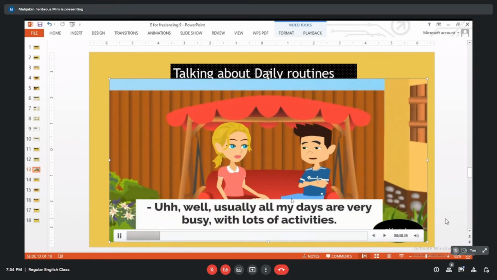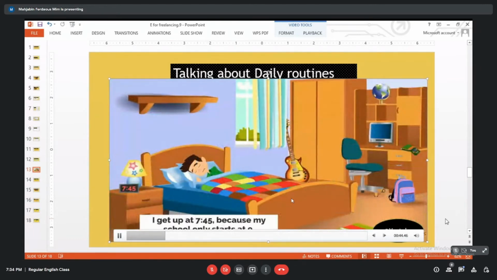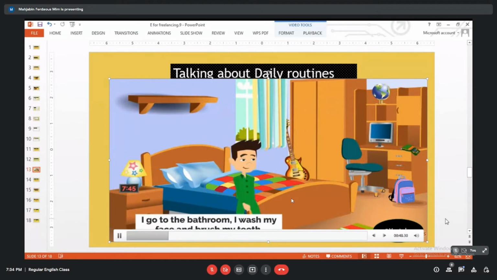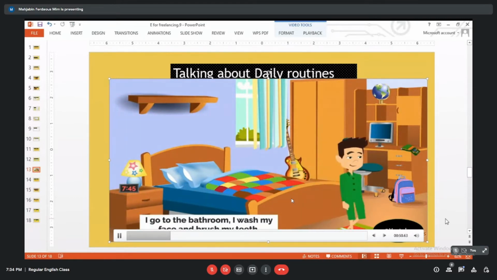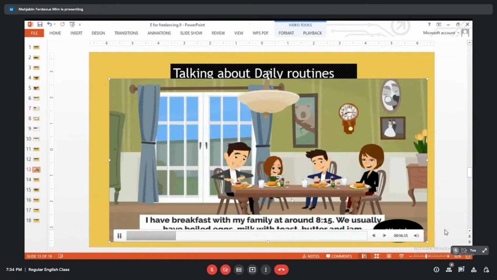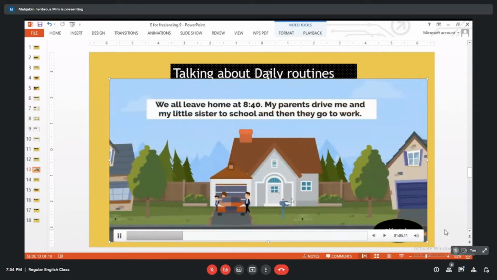Well, usually all my days are very busy. Lots of activities. I get up at 7:45 because my school starts at 9. I go to the bathroom. I wash my face and brush my teeth. I have breakfast with my family at around 8:15. We usually have boiled eggs, milk, toast, butter, and jam. We all leave home at 8:40. My parents drive me and my little sister to school.